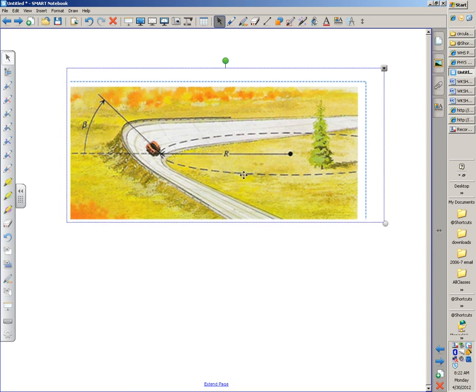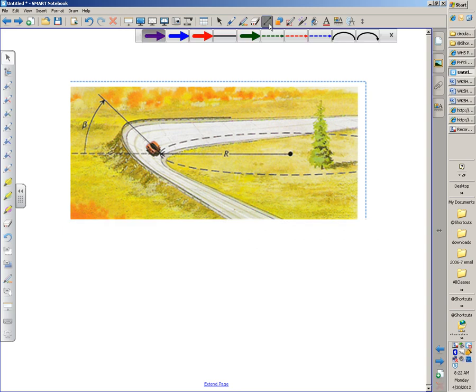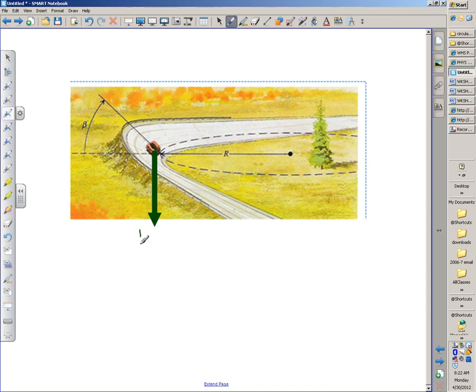So, JT, we talked about this in class, that in this case here, we technically don't need a frictional force if our angle is banked well enough. We said that there were 2 forces acting on this car. There's a gravitational force this way, and then there's a normal force.